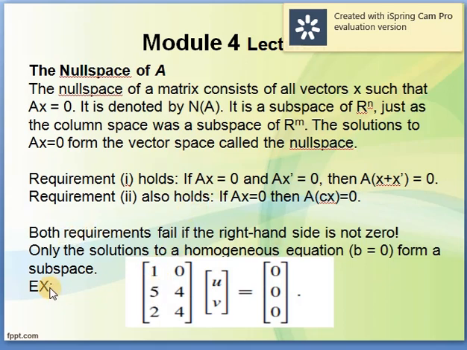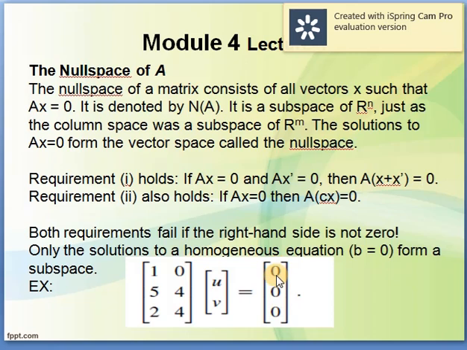Here, in this example, A is given by the same matrix, whatever we have considered: 1, 5, 2 as a column, and another one, 0, 4, 4, multiplied by U, V. Then the possible values of U and V are 0, 0. If U is 0 and V is 0, then only the result is 0.